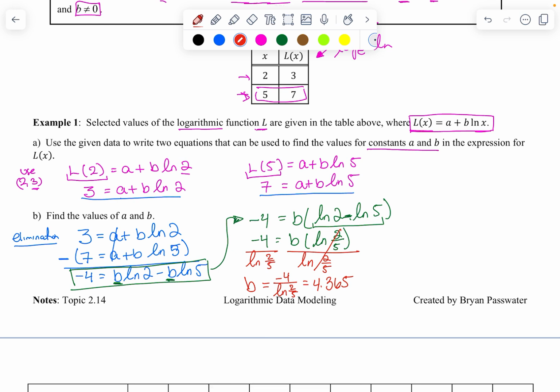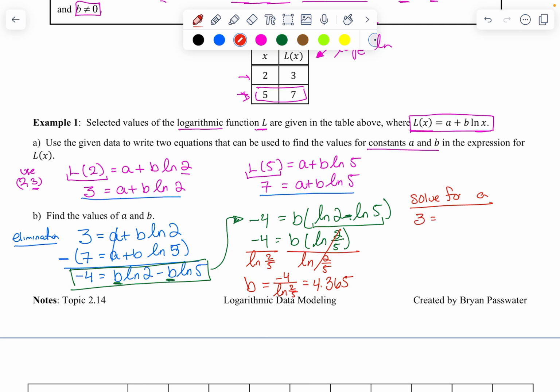And then now that I have B, I can easily solve for A, right? I can pick either one of these equations. So to solve for A, let's pick the first equation.